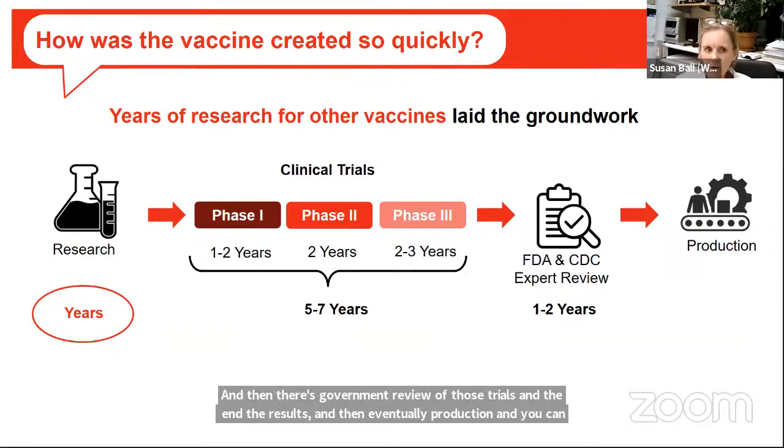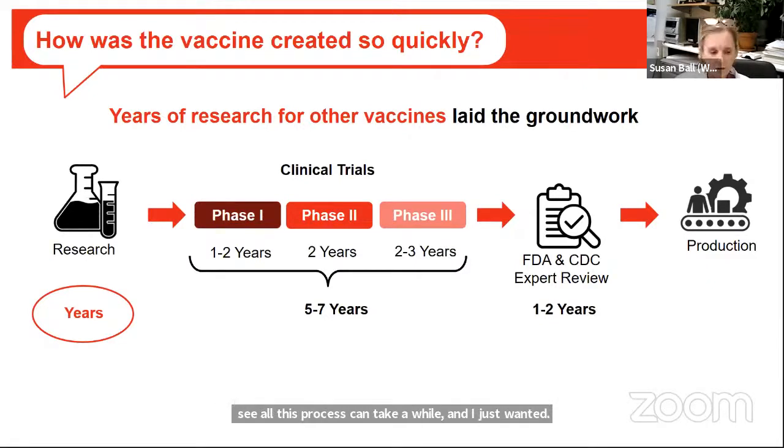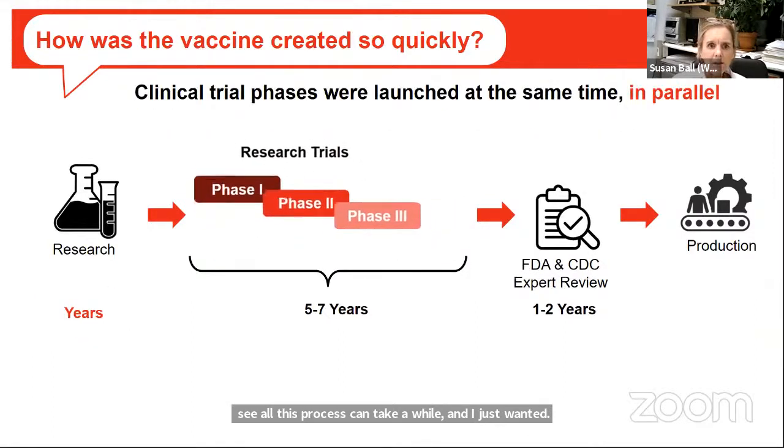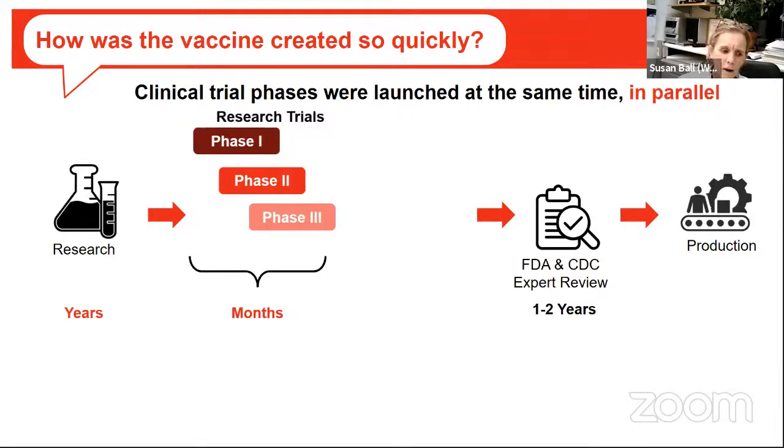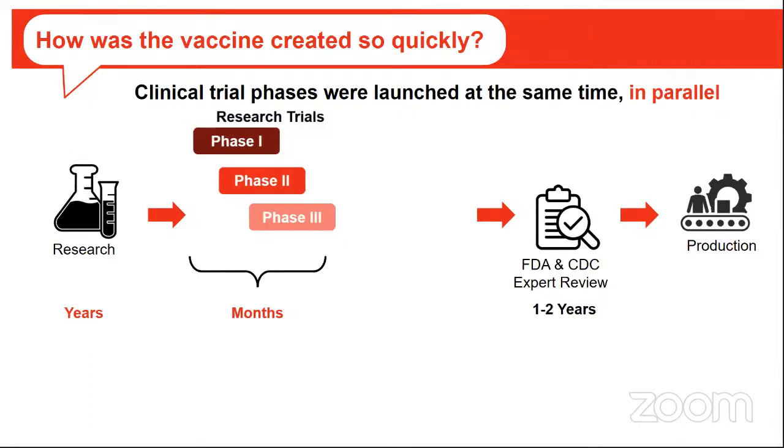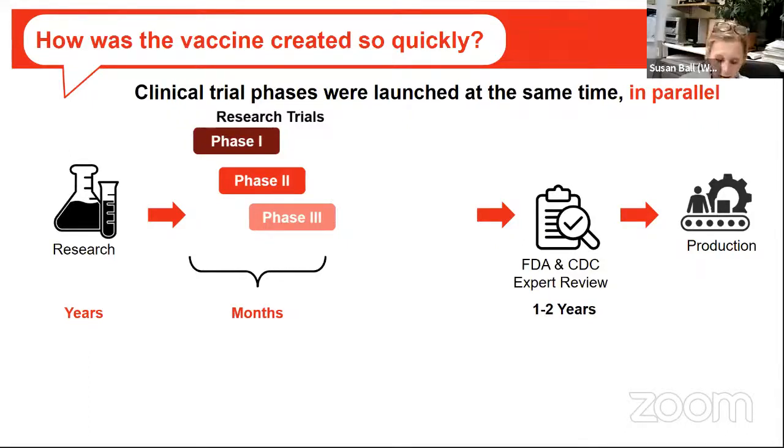So the years of research we had before we started the specific coronavirus vaccines, we had the research being done, but the phase 1, 2, and 3 clinical trials were done in parallel. Phase 1 trials, just to briefly tell you, are done to show that the drug or the vaccine is not toxic, and it shows the actual pharmacological actions of the drug.